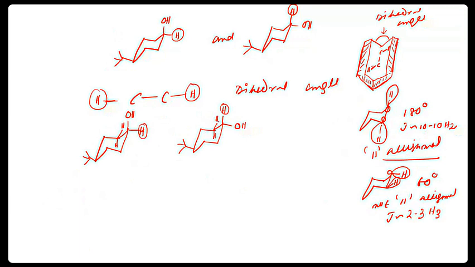Here these protons get one CH as axial and one in equatorial. Here also one CH is axial, one is equatorial. Same environment.